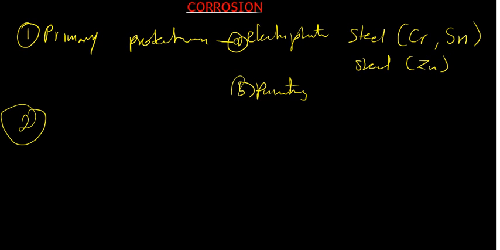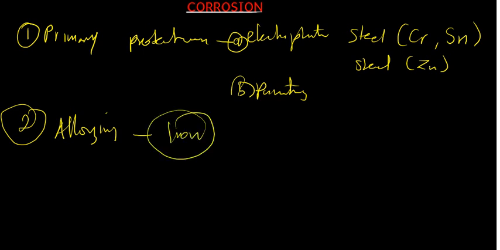The other way is alloying. If you don't want a metal to be easily destroyed, you make it an alloy, and an alloy is a mixture of metals. For example, instead of just using iron for a building, you use steel.